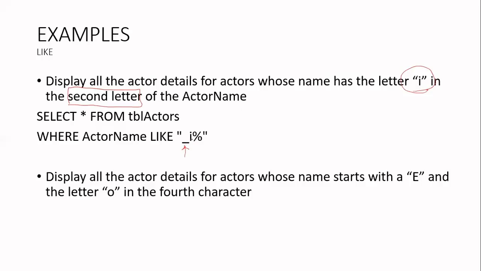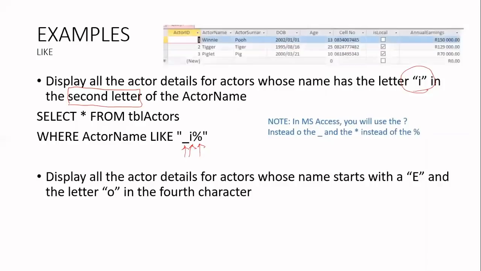That's your first character. I must be in the second character, and anything else can follow. And in that case, you will see in the second character, we've got 3 actor names: Winnie, Tigger, and Piglet all have the second character as the I.